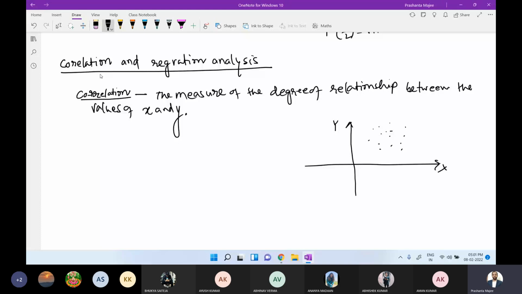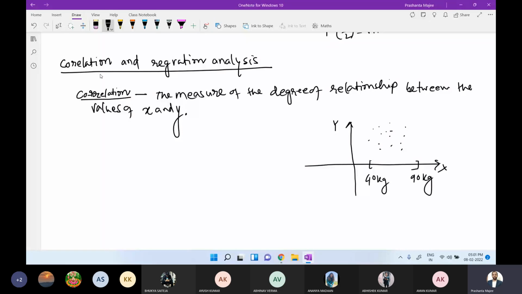For example, from a population of 100 people, suppose the minimum weight is, let's say, 40 kg, denoted on the x-axis, and suppose the maximum weight is, let's say, 90 kg. And from the population of 100 people, you measure their heights.